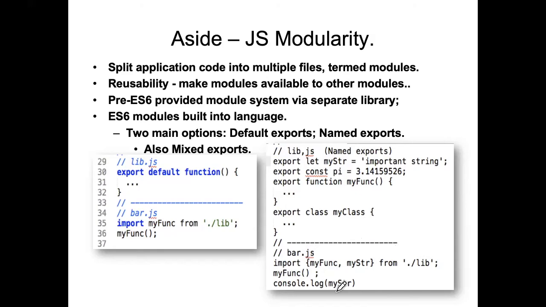Okay, and then I'm just using them down here as normal. So in this file here, in order to use certain entities from the file above, I do need to know what they were called up here. And you can mix these together. This file here could have a default export as well as these named exports.